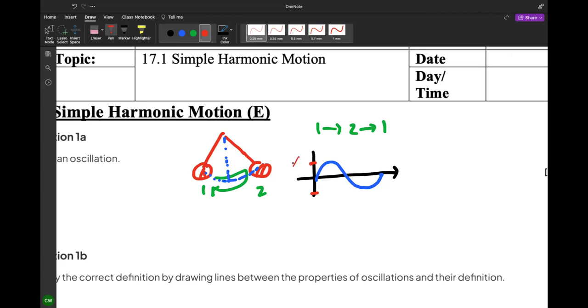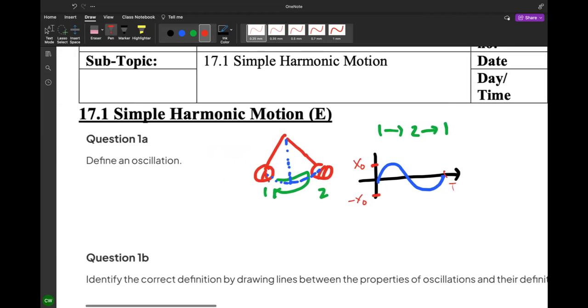One is S naught, the other one is negative S naught. And then there's a period. For the movement, you have to talk about the to and fro motion. That means there's a repeated back and forth motion. Oscillation, you have to mention repeated back and forth motion.